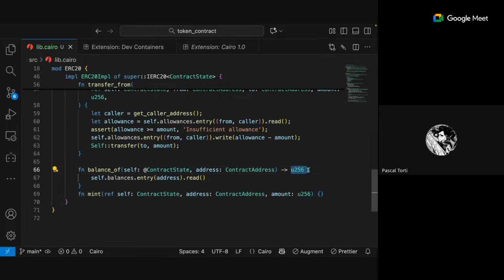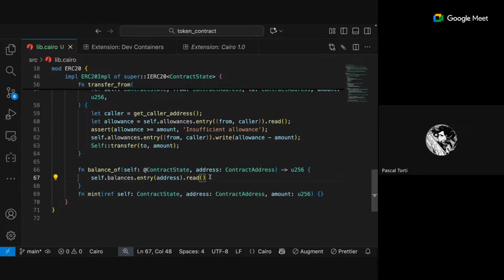So if somebody does not hold this token, the contract will not have the person's address in the balances part of the storage. And when it reaches the address, the value returns 0.